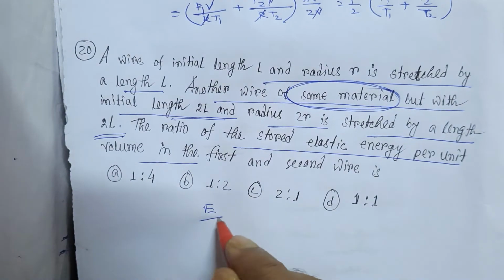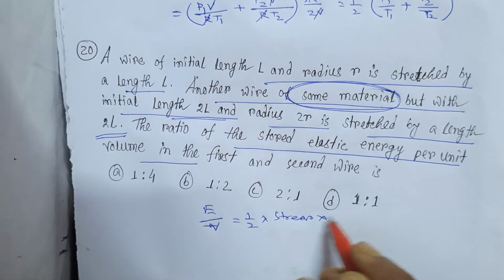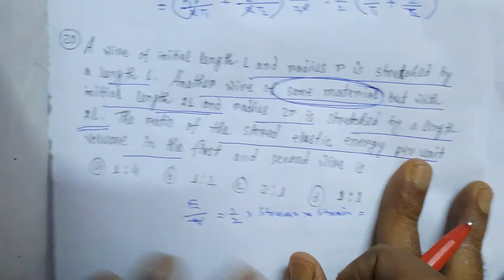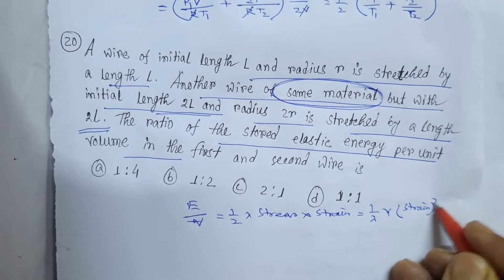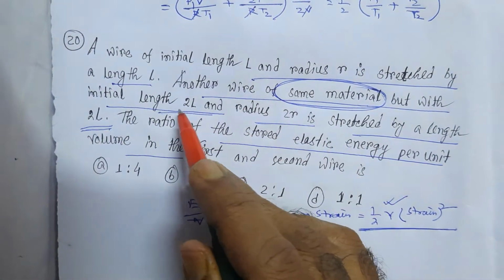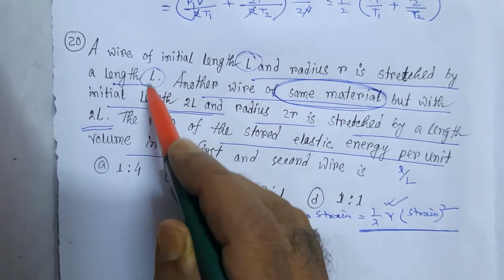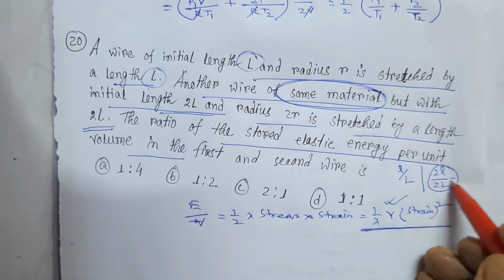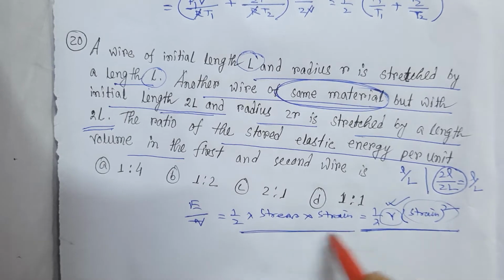Energy per unit volume, we know, equals half into stress into strain, and if we express stress in terms of Young modulus, then this becomes half into Y into strain squared. The material for both cases is the same, so Y is the same, and strain for the first case is small l by capital L, change in length small l over length capital L. In the second case, this is also twice l by 2 into capital L, so strain is also small l by capital L. So strain is the same, Y is the same, so the energy stored per unit volume will be the same.